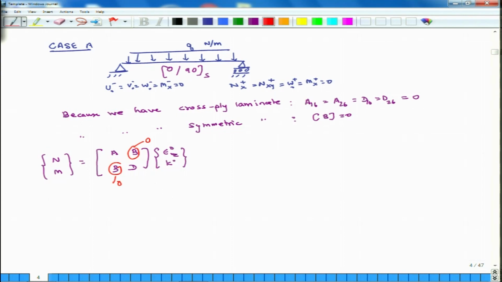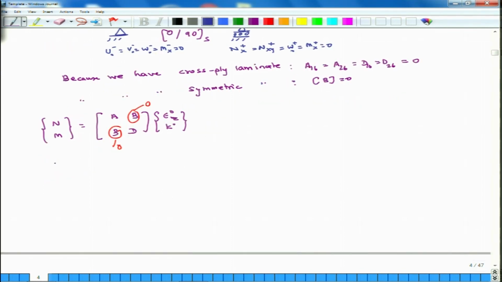So, what we get is that Nx is equal to A11 epsilon x naught plus A12 epsilon y naught plus A16 gamma xy naught. I am sorry, not A66, A16.